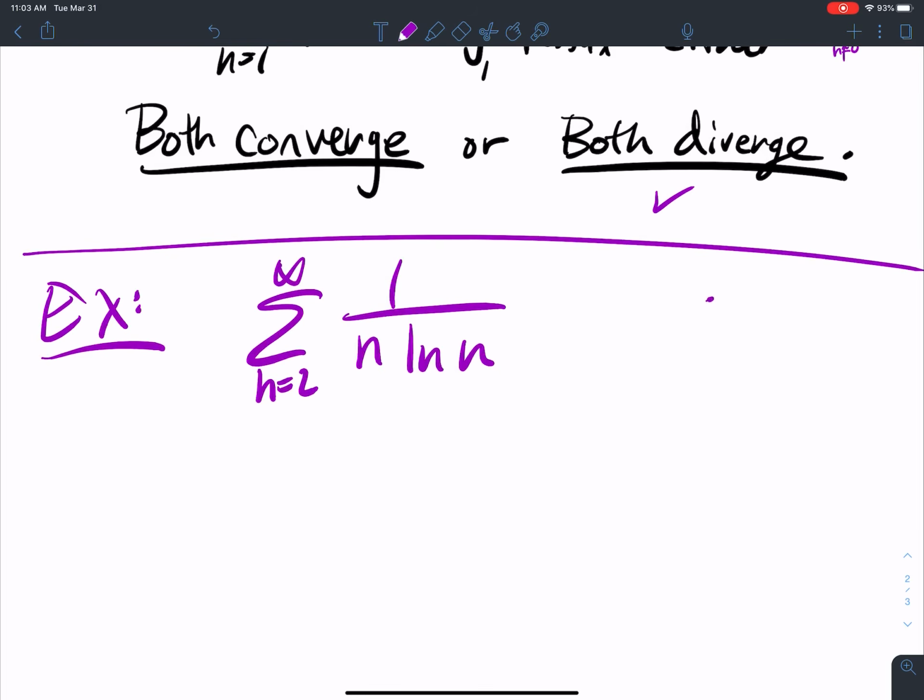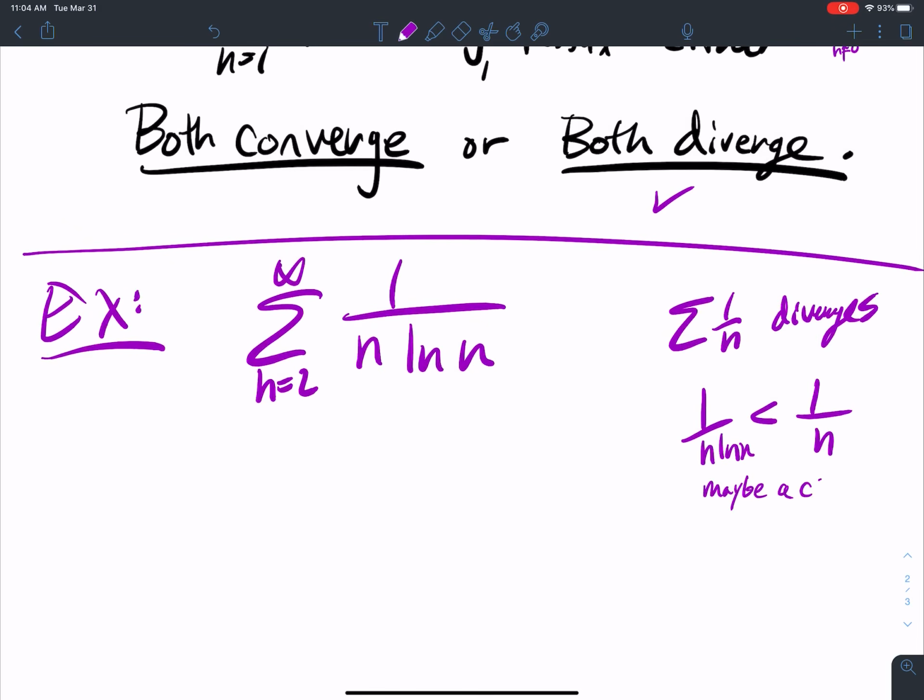Well, we just determined that 1 over n diverges, right? Is 1 over n ln n bigger or smaller? It's actually smaller than 1 over n. Okay? So maybe there's a chance to converge. Maybe there's a chance, maybe not.